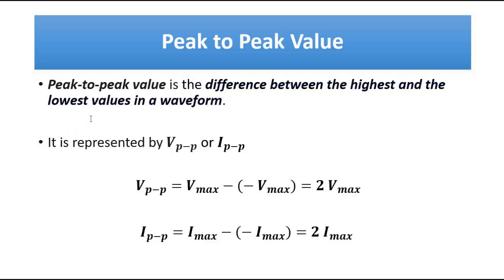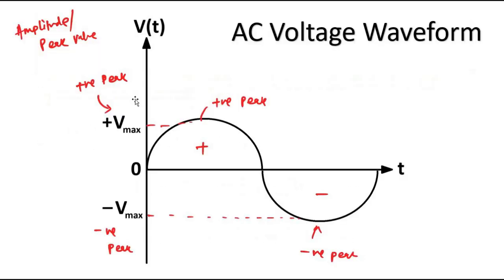Then we have the peak to peak value. This distance from the positive peak to the negative peak, this total distance, is called the peak to peak value.